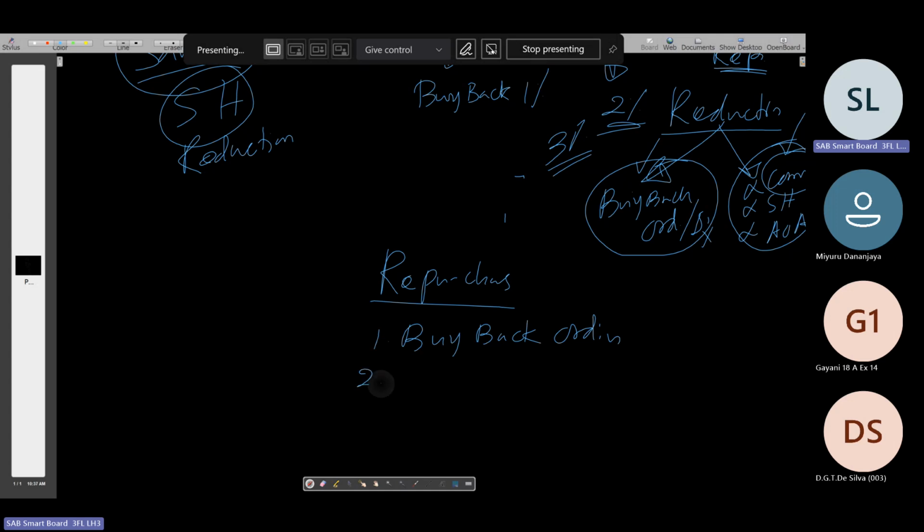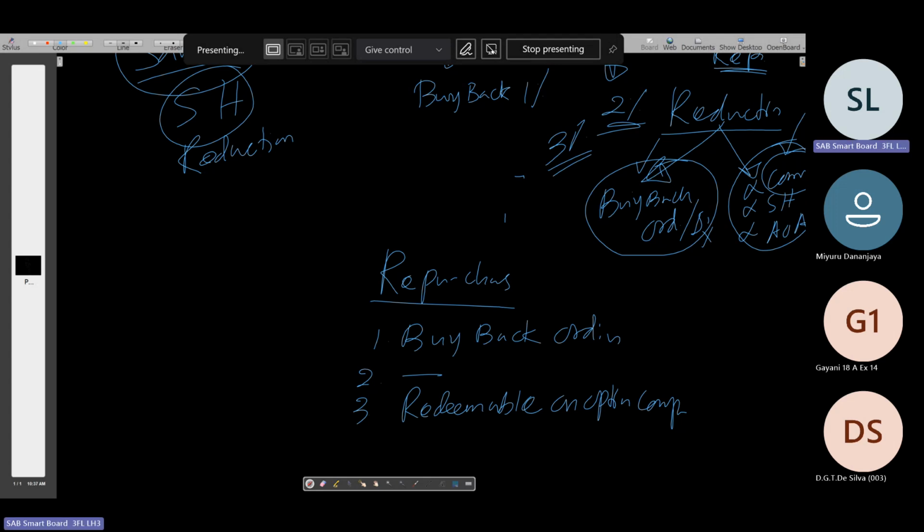So altogether three ways, but here one is not available. The third way is the company can redeem the redeemable shares on the option of the company. That is known as repurchase.